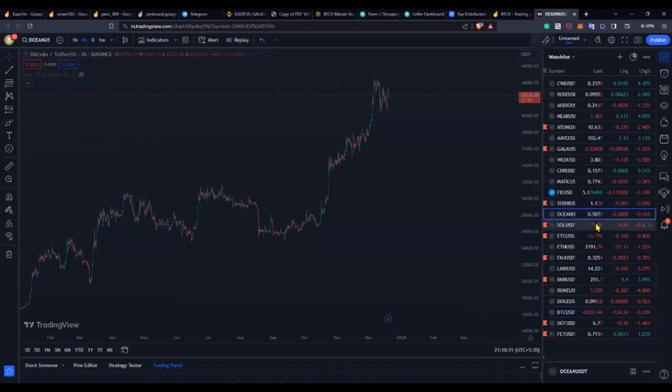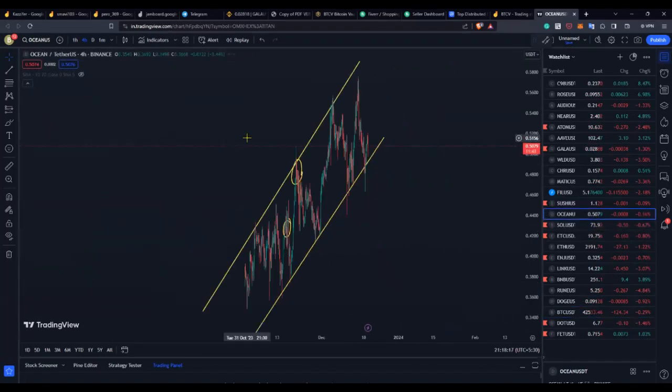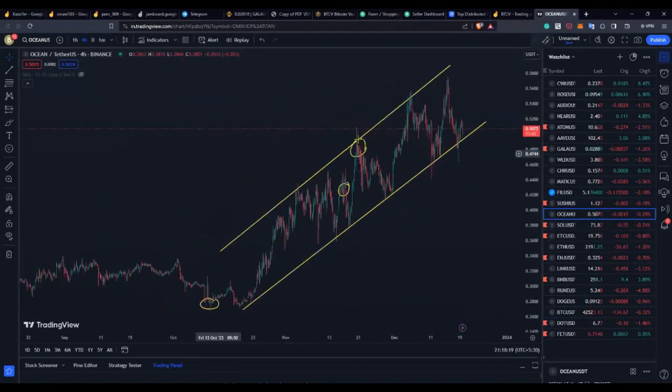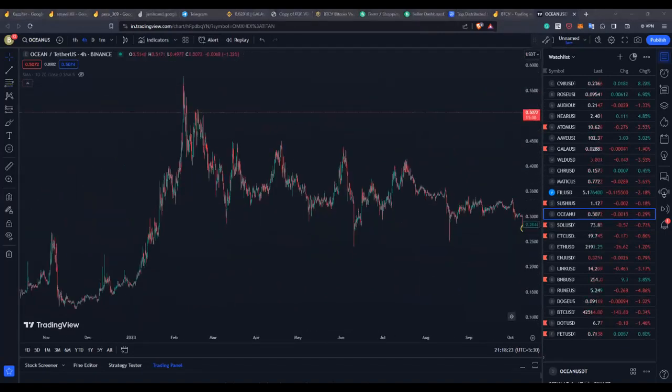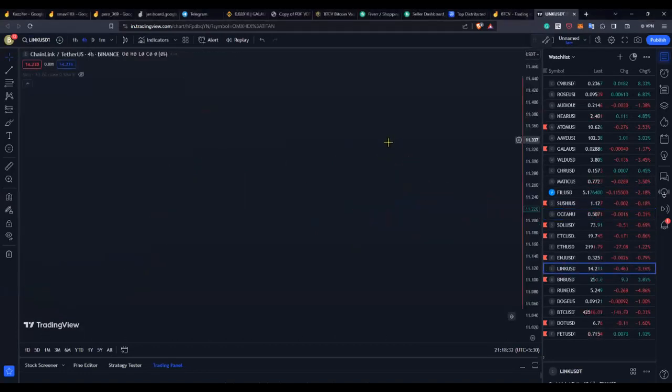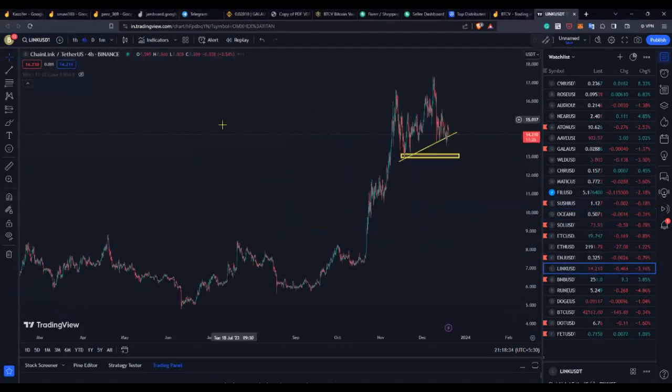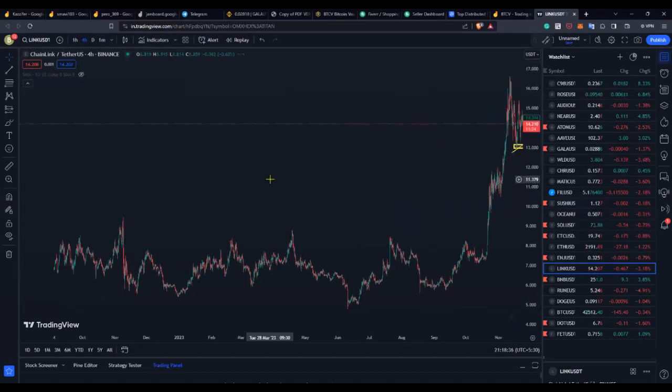Horizontal channel. I think it will be very hard for us to find an example of a horizontal channel. Okay, we do have. Now I remember. One second, let me show you. We have that on Link. Yep, right here we have.